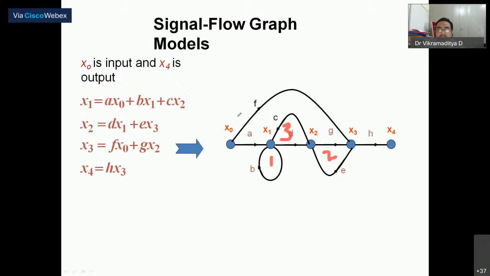You say like this path, x0 to x3. Then where should I move? Suppose I move like this, and then like this. Then where?